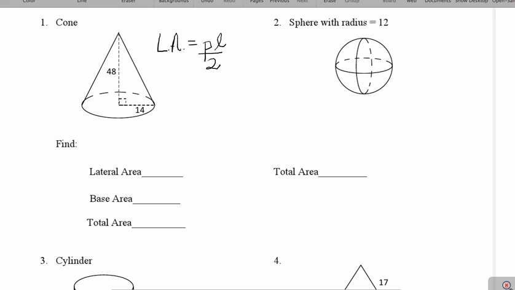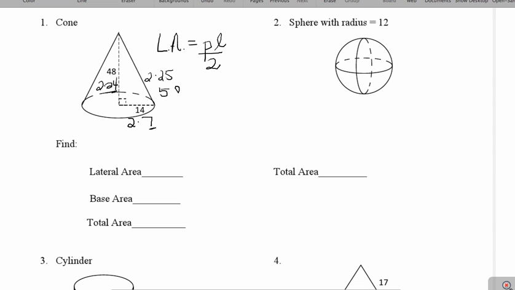Now I noticed right away that this is a Pythagorean triple because 14 is the same thing as 2 times 7 and 48 is the same thing as 2 times 24. So if we recall back to chapter 9, the triple 7, 24, 25, and then we need to multiply that by 2. So the slant height of this cone is equal to 50.